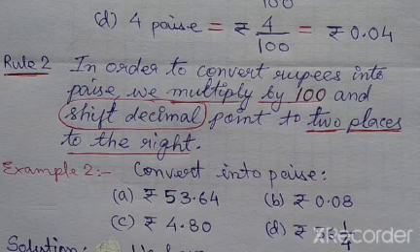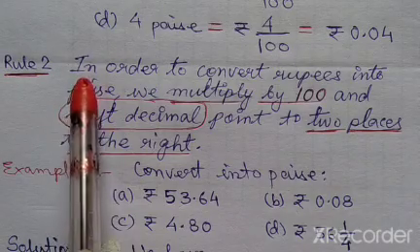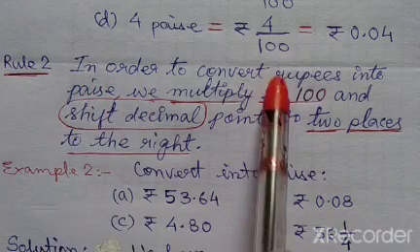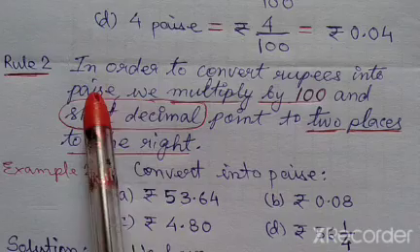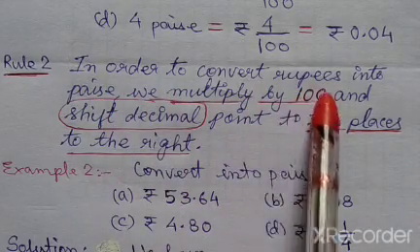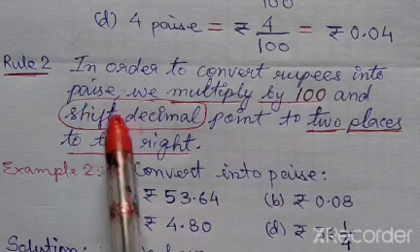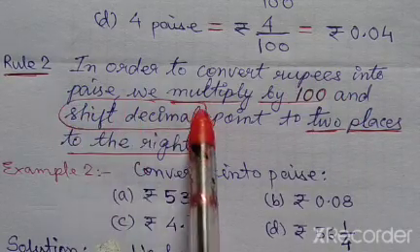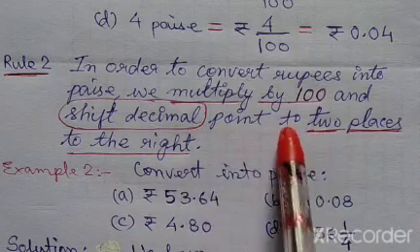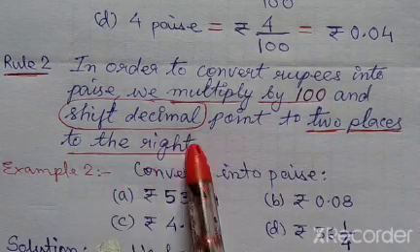Try to understand. Again I am explaining, in order to convert rupees into paise, students, we have to multiply by 100 and shift the decimal point. Just see the word, shift the decimal point to how many places? 2 places to the right hand side.